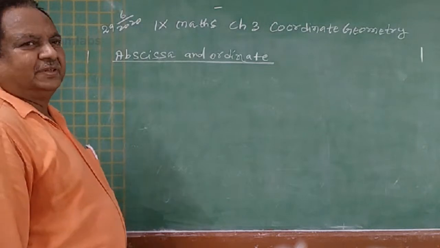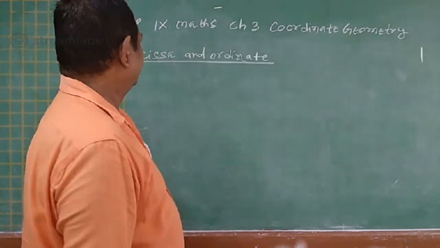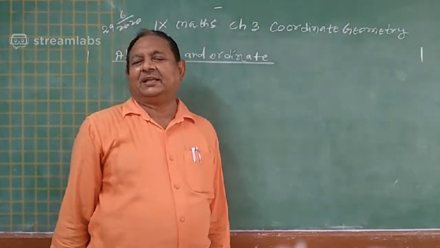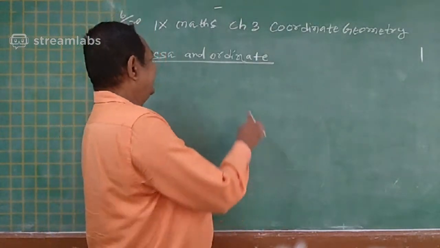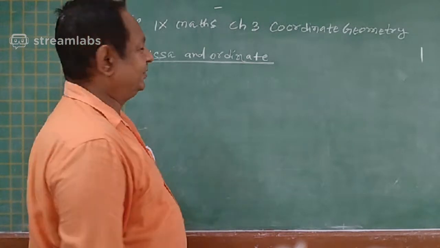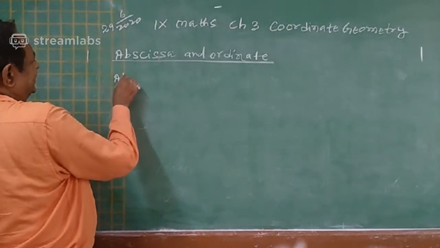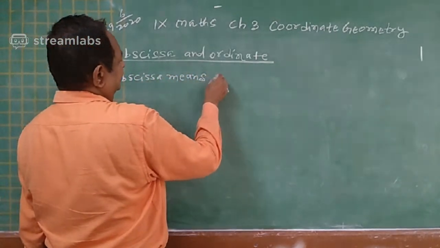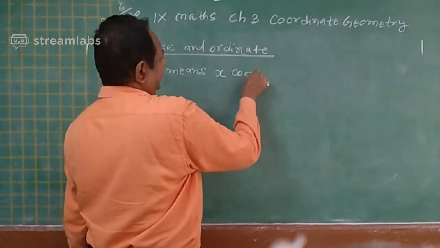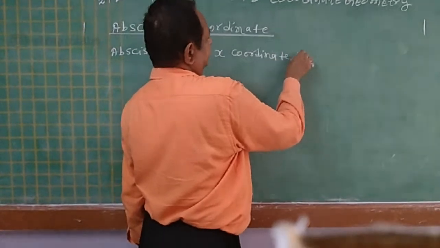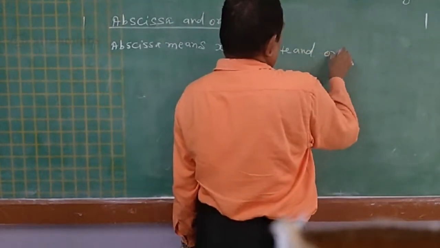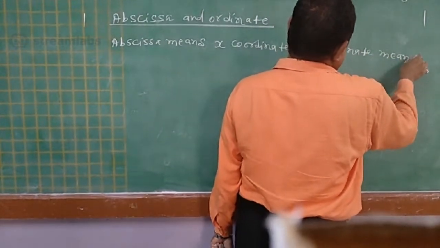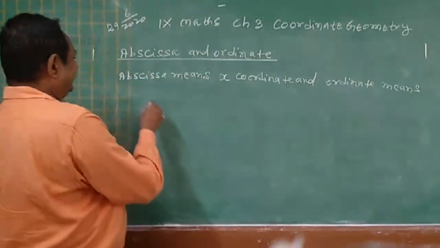Abscissa and ordinate. The term abscissa means x coordinate, and ordinate means y coordinate.